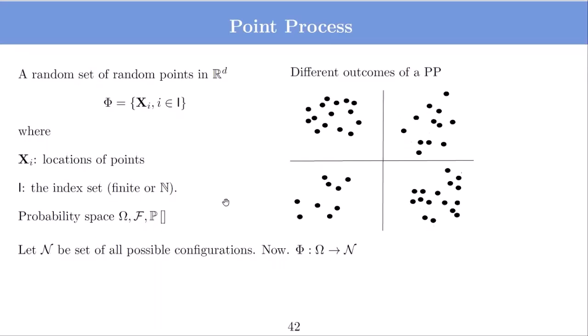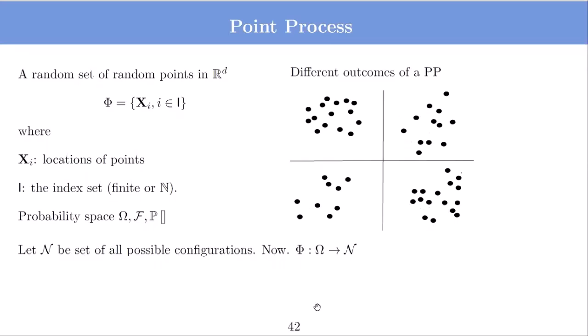What does it mean? That it takes each element of capital Omega, and remember, this is the sample space. So what are the elements of capital Omega? Outcomes, small omegas. So it takes one outcome and maps it to one configuration, one particular arrangement of points.